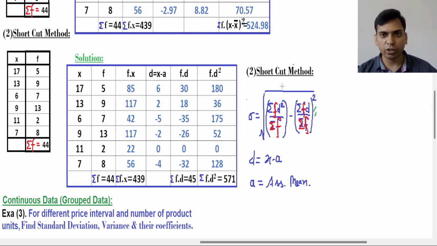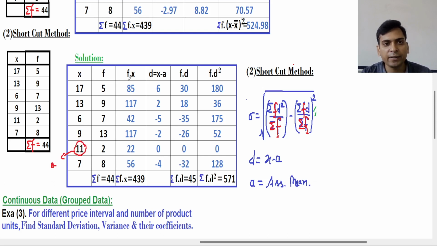First you need A, and A is always from the X column. Again the same methodology: highest value plus lowest value divided by 2, near about value. So 17 is highest, 6 is lowest, the total is 23, divided by 2 is 11.5, so near about 11. Clear? So 11 is considered as A.